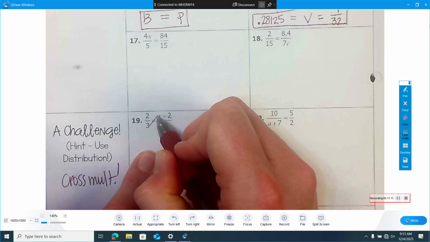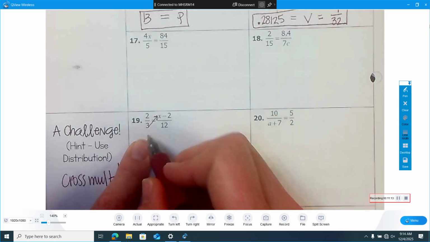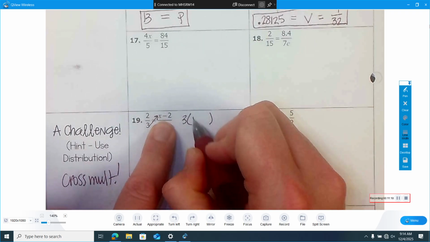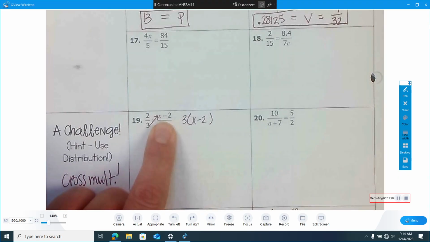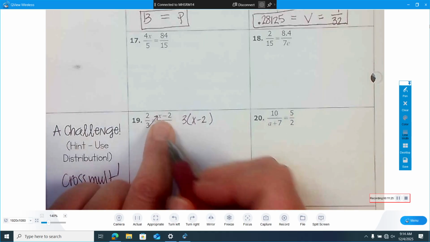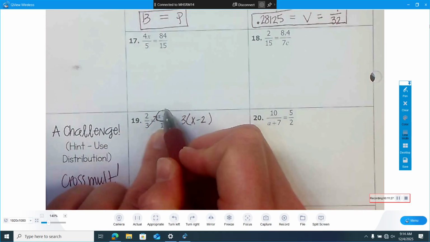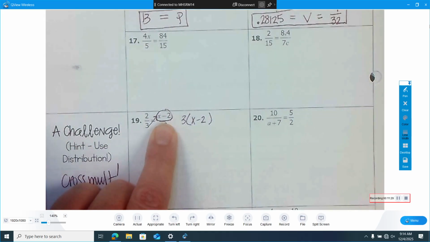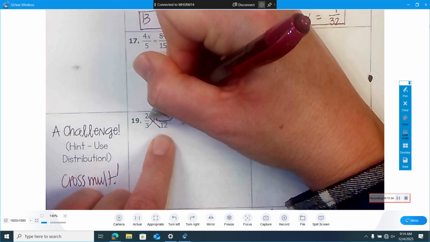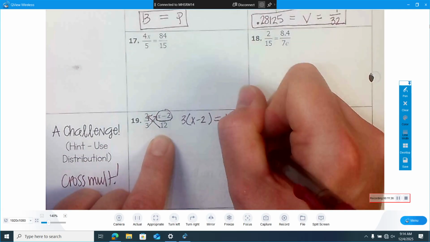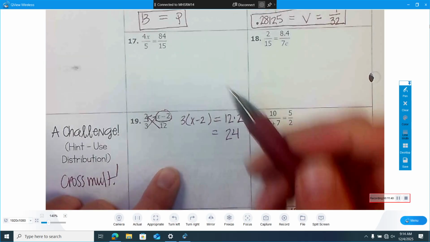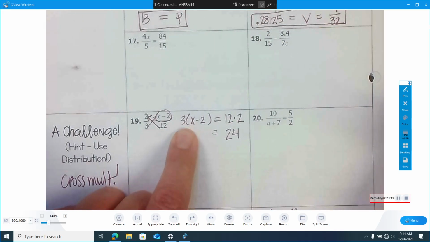I am doing 3 times the entire numerator of x minus 2. So when you see this, you need to use parentheses because this 3 has to multiply the whole numerator. And that's going to be equal to what times what? 12 times 2. So 12 times 2 is 24. What do I have to do with the 3 here?